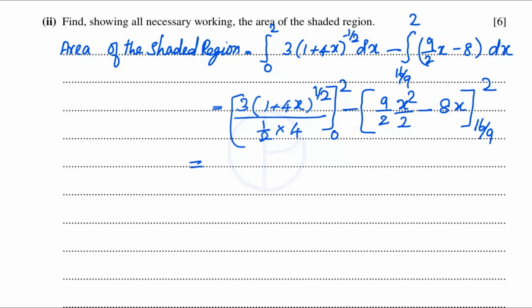So 3 divided by 1 over 2 multiplied by 4 is nothing but 3 over 2.